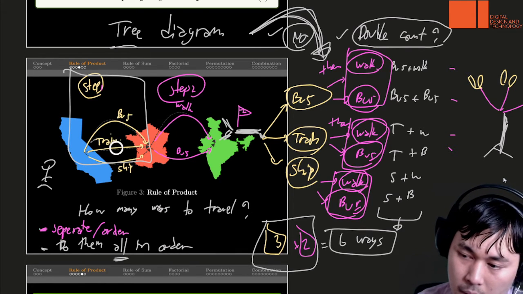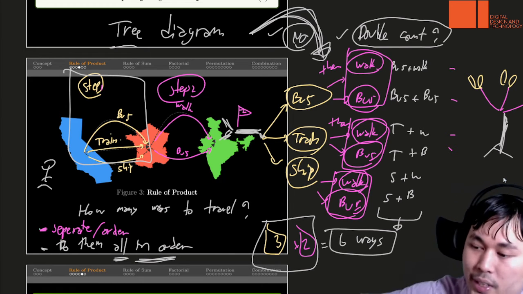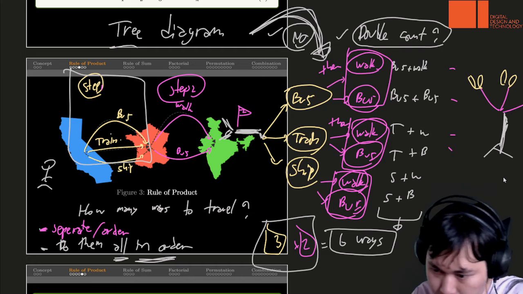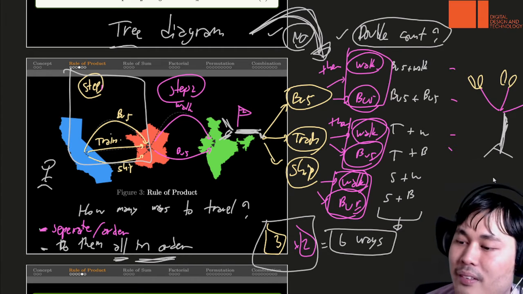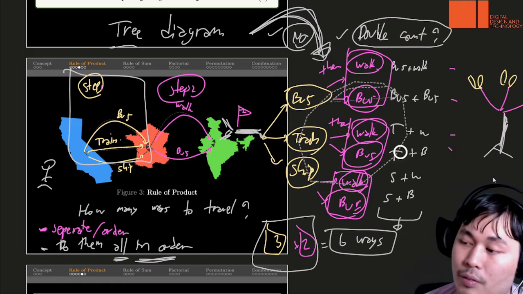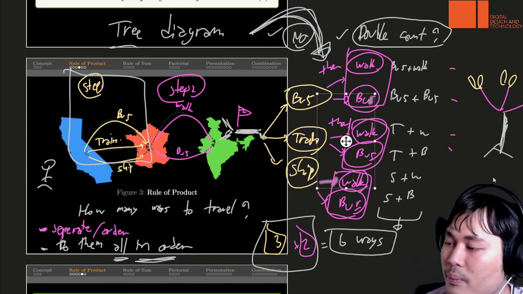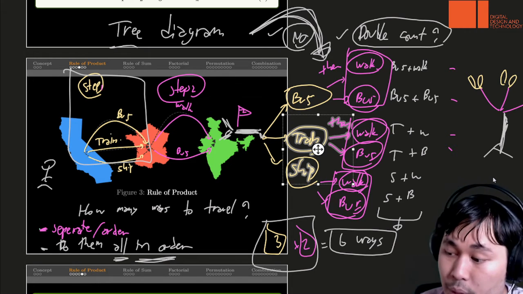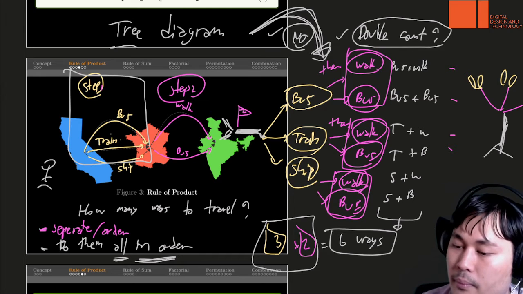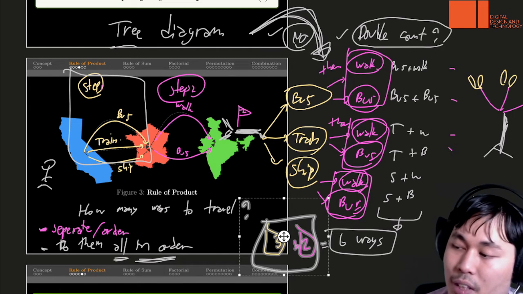Do all the steps in order: 1, then 2, then 3, then 4, then 5 and so on. So there are some tiny requirements, which, if you write as a tree, should make it pretty obvious how you count. There are some quick requirements before you can apply the rule of product.